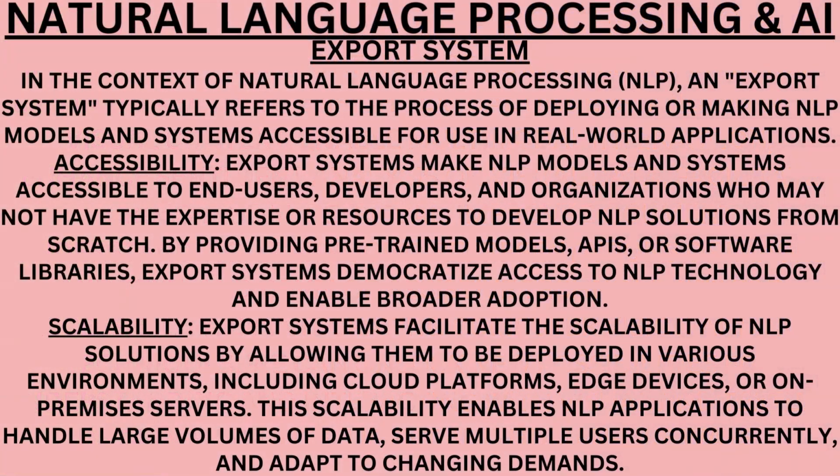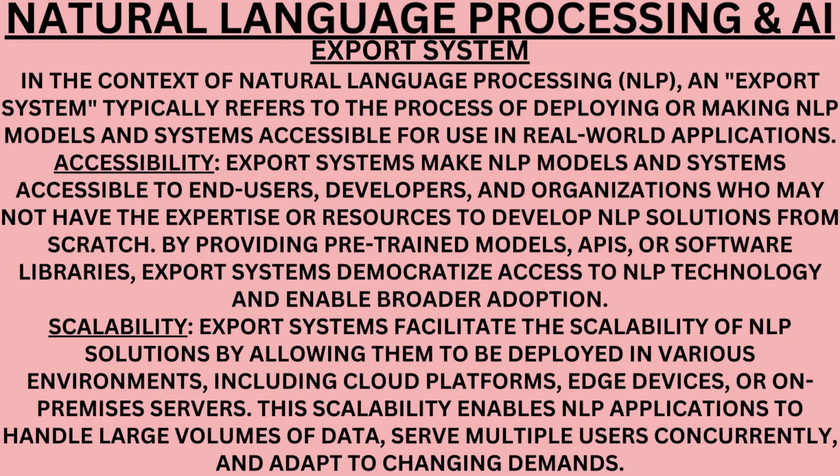Export system. In the context of natural language processing, an export system typically refers to the process of deploying or making natural language processing models and systems accessible for use in real-world applications. Accessibility.